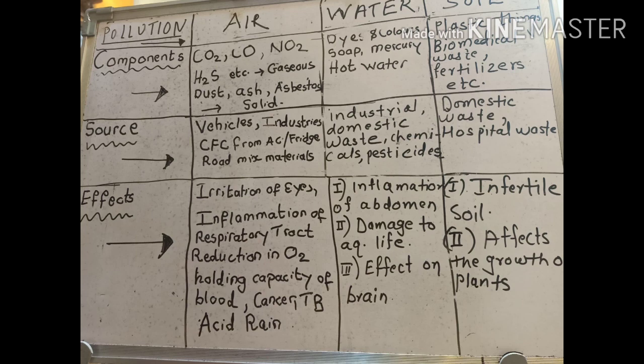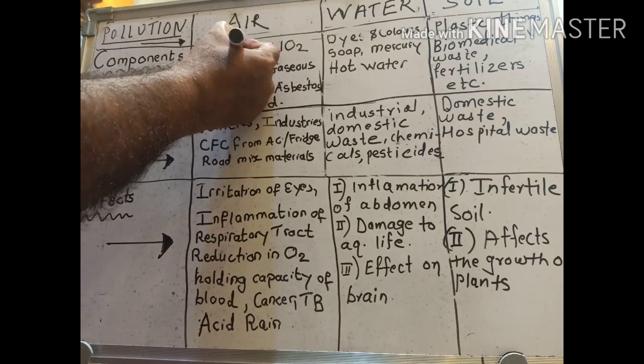Now there are various pollutants in air, like carbon dioxide. From where do you get carbon dioxide? From burning of wood, from burning of fossil fuel, from some industries. Then you have carbon monoxide.